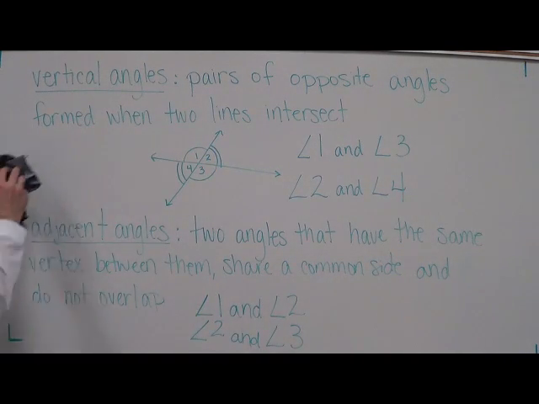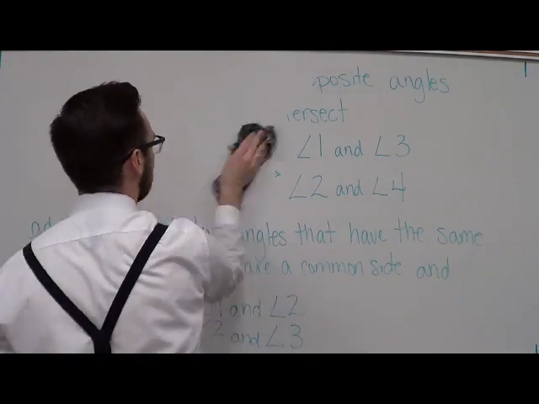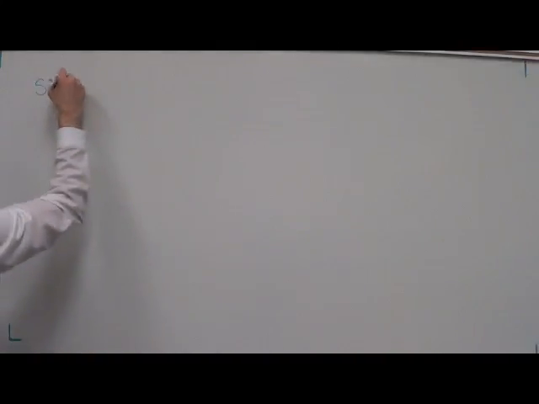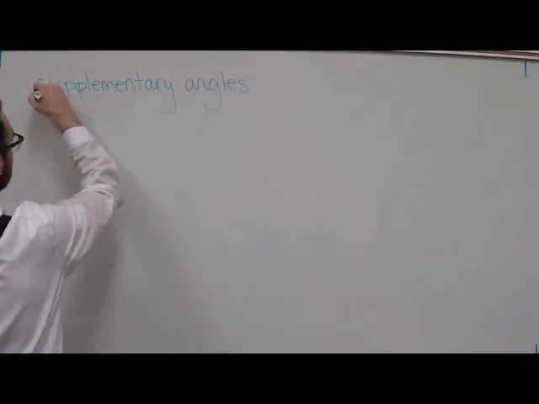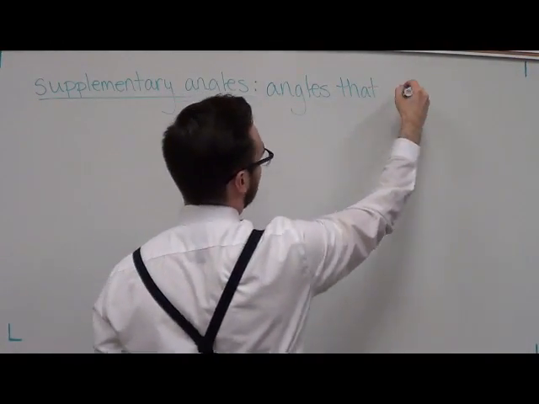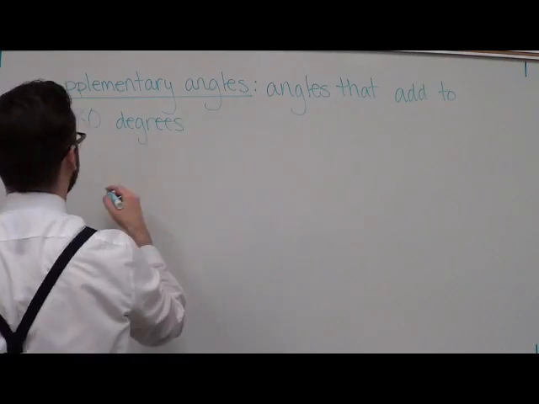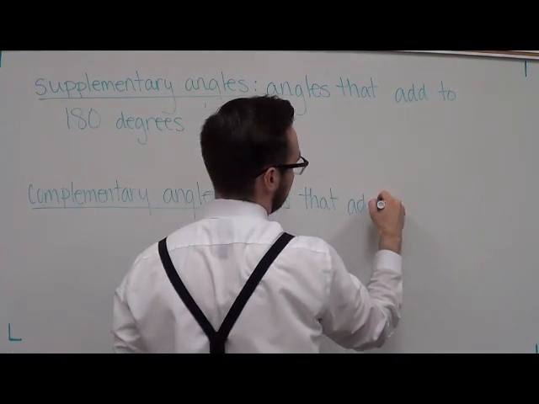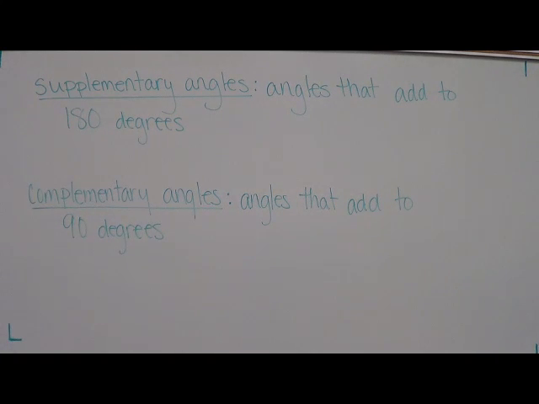So let's take a look at a couple more definitions. Supplementary angles are two angles that are going to add to be 180 degrees, and complementary angles are two angles that are going to add to give you 90 degrees.